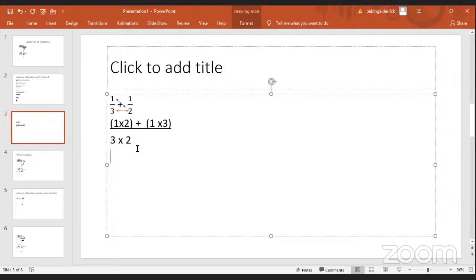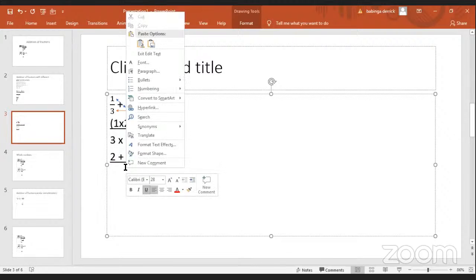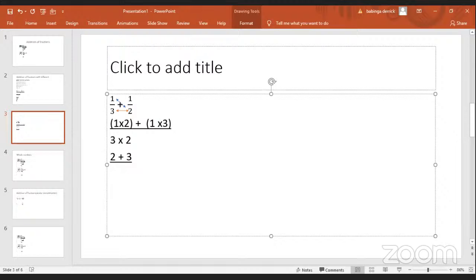So after doing that, you come and work out the brackets. You have 1 times 2, which gives you a 2, plus 1 times 3, which gives you a 3, all out of 3 times 2, which gives you a 6.